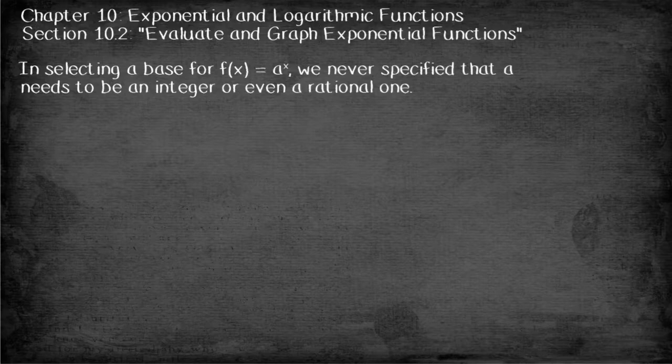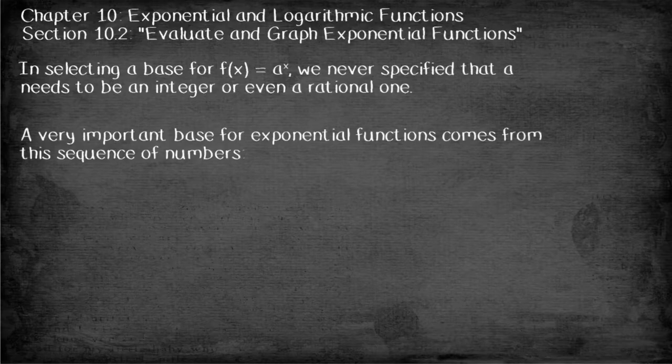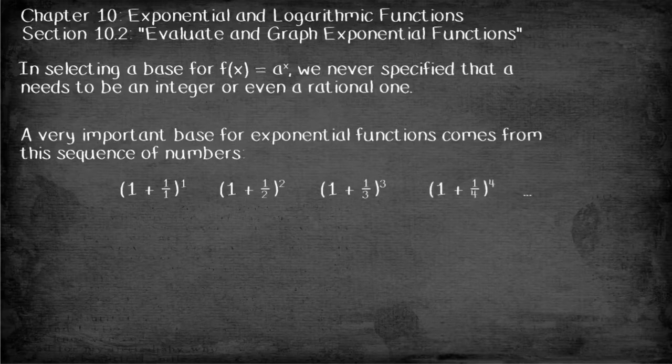All right, so we've really just worked with integers for the base of the exponential, but there is no rule that says that it has to be an integer or even a rational number. So we have this really important base for exponential functions. It comes out of a sequence of numbers that looks like this. The first term is 1 plus 1 over 1 to the 1 power. That's 2. This is 1 plus 1/2 squared, 1 plus 1/3 quantity cubed, 1 plus 1/4 quantity raised to the 4 power, and so on.